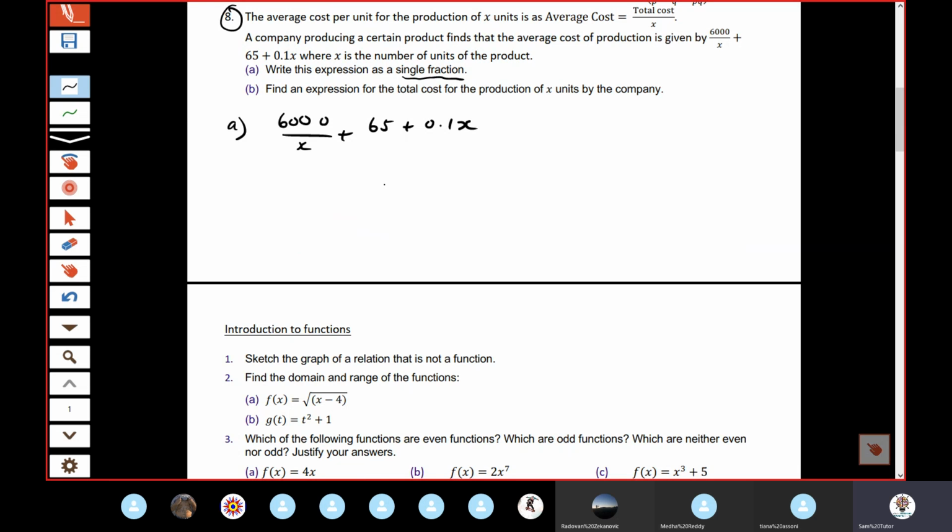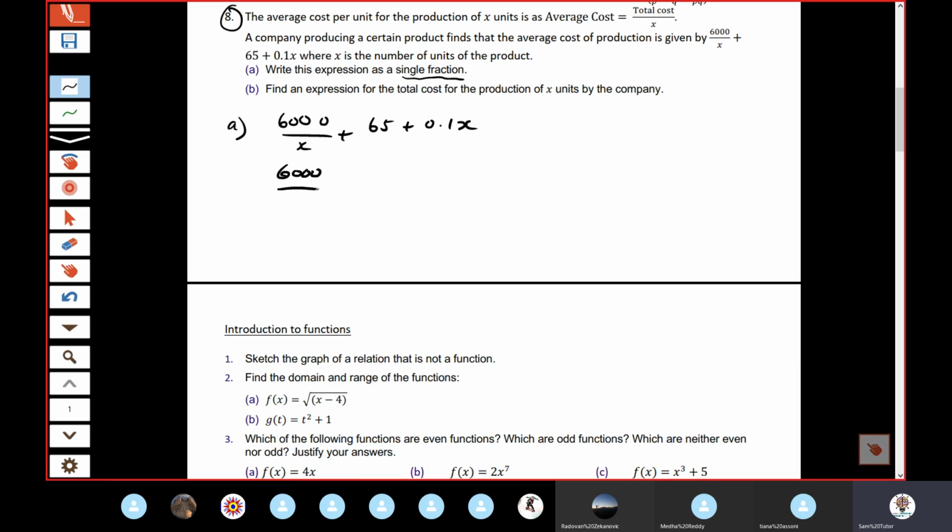What's the first thing you would have to do if you want to change it to a single fraction? What's really annoying? Or what's hiding? There's something in there that's hiding. Yeah, not over 1, over 10. 0.1, so 0.1x, you don't want to use 0.1 because 0.1 is a fraction.